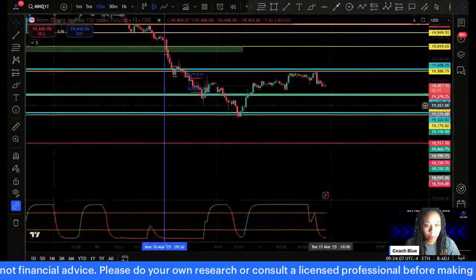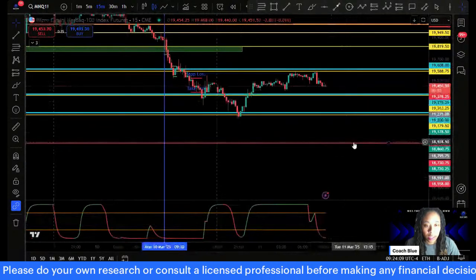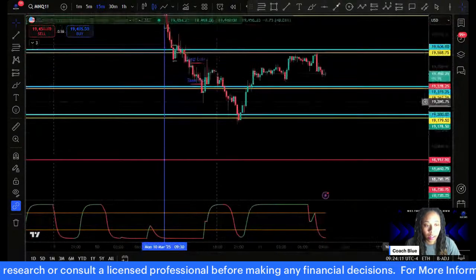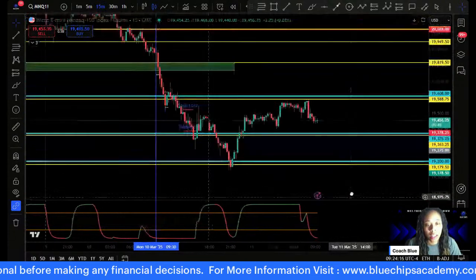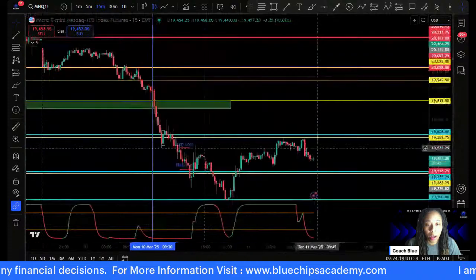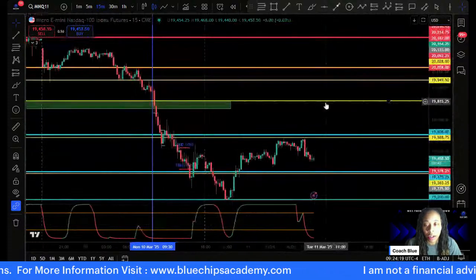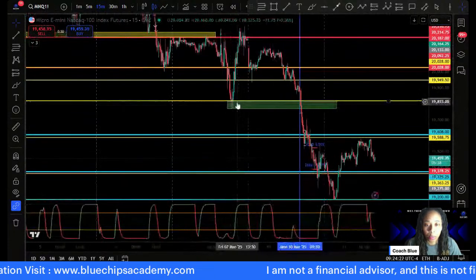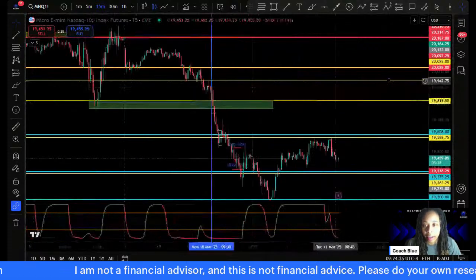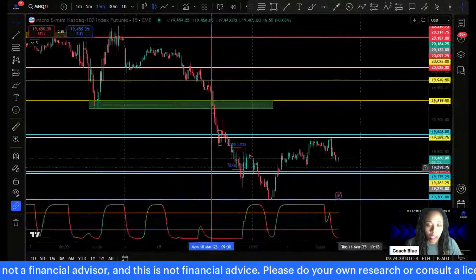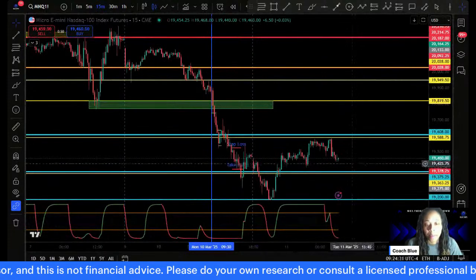So if we get a breakout pullback continuation, we could probably retest this area to the downside right here, this 18,917 level. If we get a breakout pullback continuation, we can probably retest at least this level here. There was a lot of support here, but we might be able to break through and retest this area here as well. Okay, so those are the targets for today that I'm looking at.